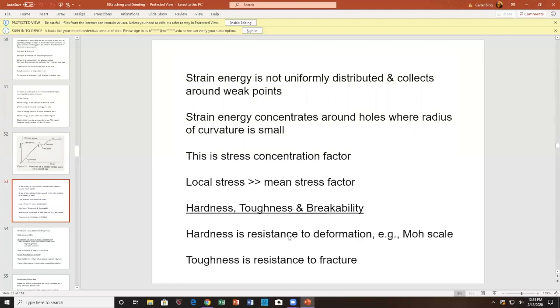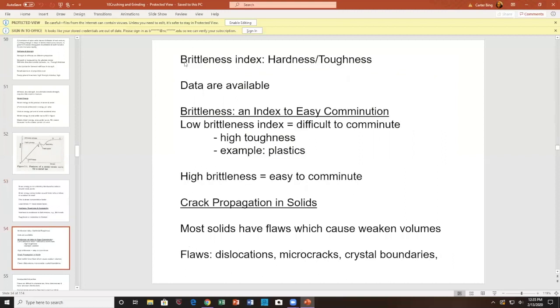Now we have hardness. Hardness is the resistance to deformation. Toughness is the resistance to fracture. So we have the scale there. And we're shooting for the brittleness index here, right? Brittleness index is hardness divided by toughness. So data are available.